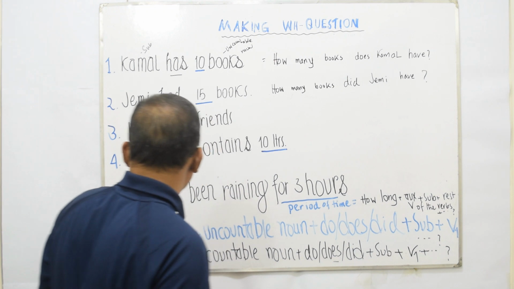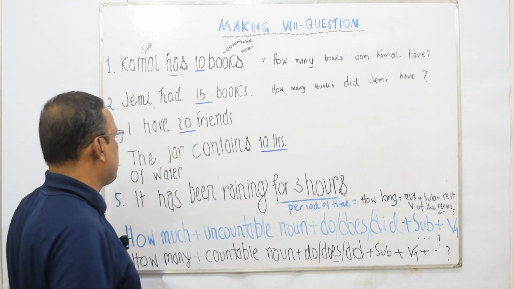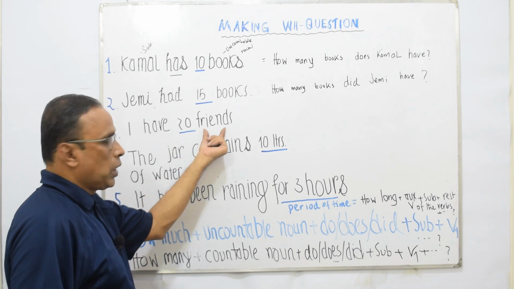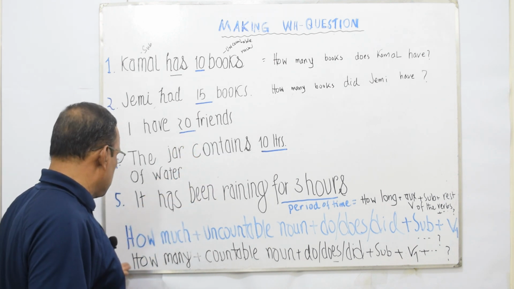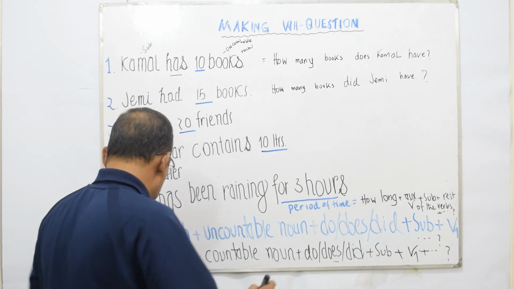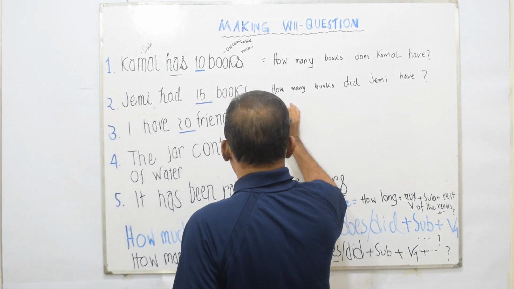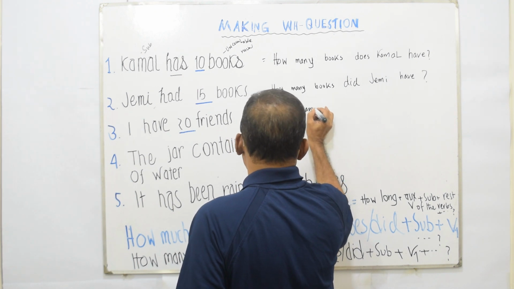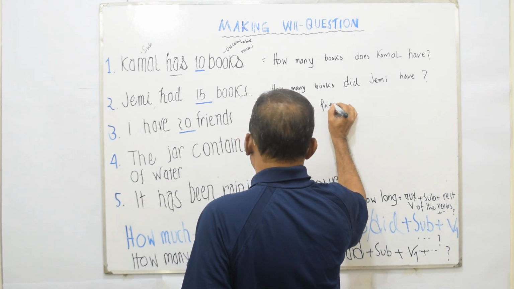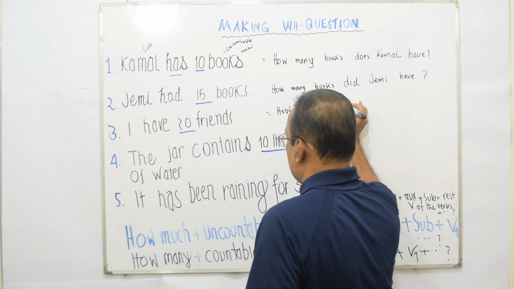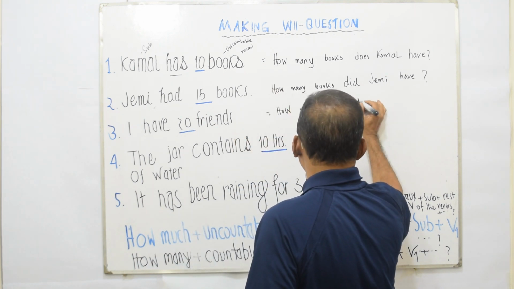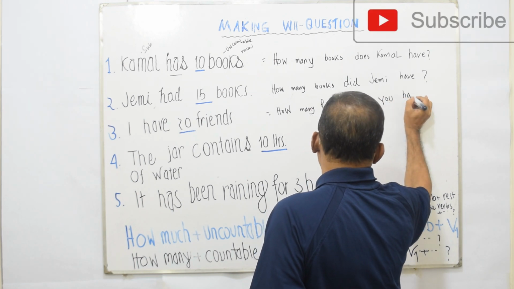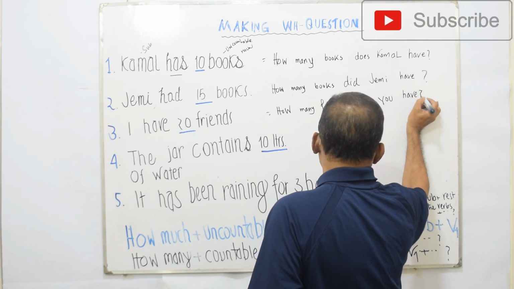Our next sentence is, I have 20 friends. The noun after the number is also a countable noun, so we have to use the same structure. How many friends do you have? This is the answer.